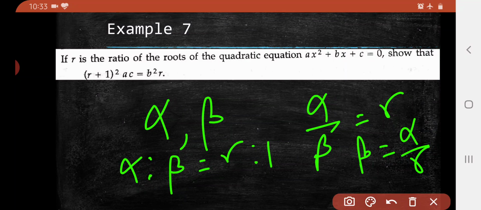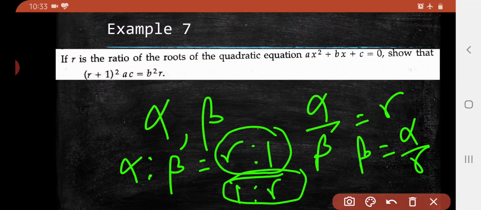Here it doesn't matter whether I take r is to 1 or 1 is to r. In both cases I am going to get the same answer. In that case I will get beta as alpha into r. So both are fine. When I am told that r is the ratio of the roots, I can always consider it as r is to 1 or 1 is to r. Both are going to give us the same answer.